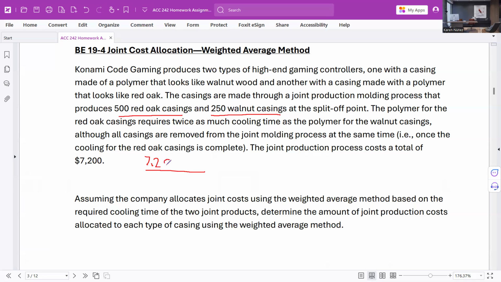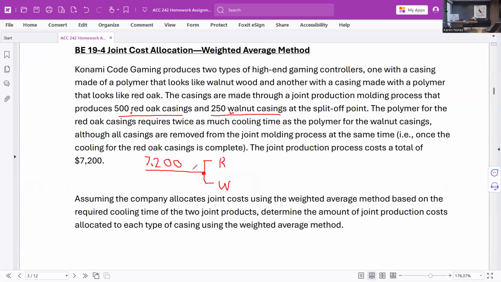That's a $7,200 cost in this joint process. And what it gives us is two products. At the end of this process, at this split off point, we end up with the red oak casing and the walnut casing, R and W for red oak and walnut.